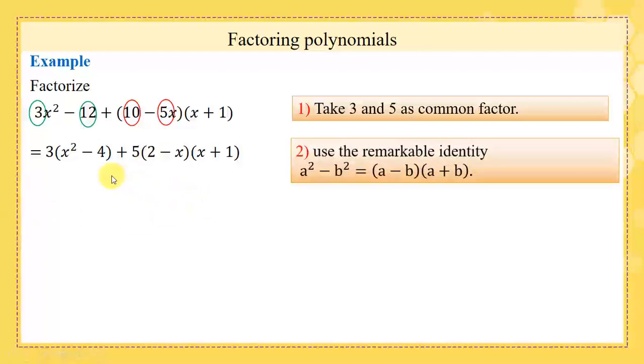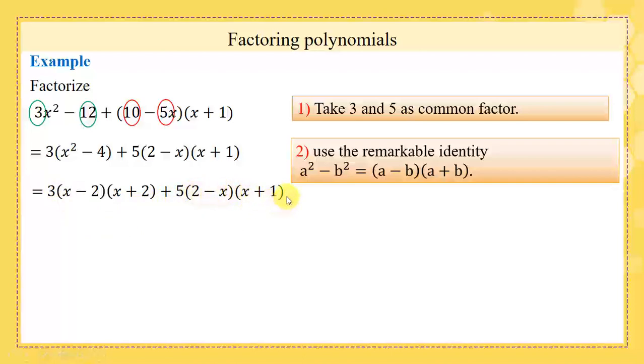If we look at the first part, we have x squared minus 4. So we use the remarkable identity a squared minus b squared. Here, a squared is x squared and b squared is 2 squared, since 4 equals 2 squared. So we get 3 times (x minus 2) times (x plus 2) plus 5 times (2 minus x) times (x plus 1).